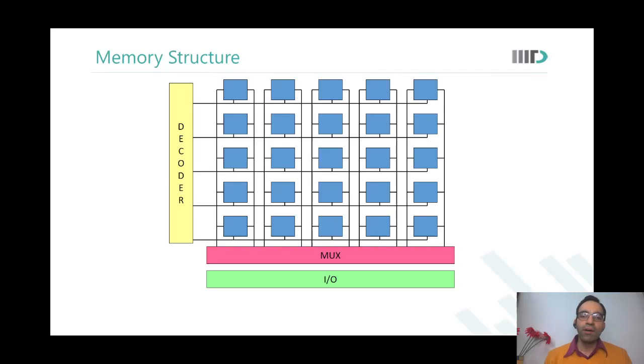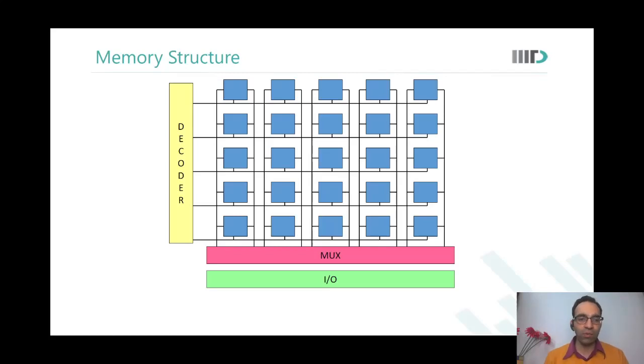On the row side, you need to have an address decoder to select the desired row, the desired location. And on the column side, you need to have what we call an IO interface, which would receive data to be written and give out the data output.